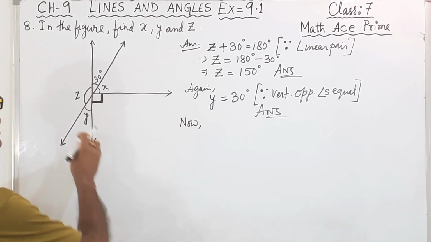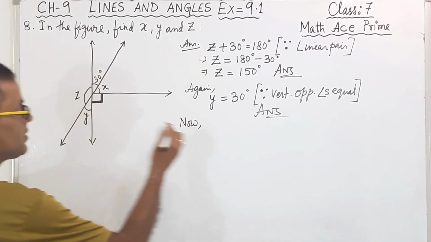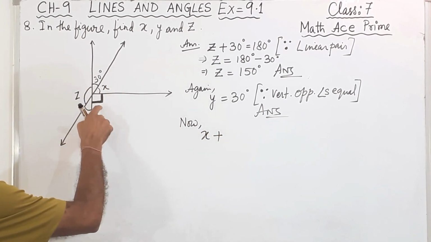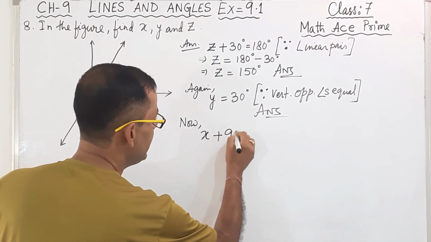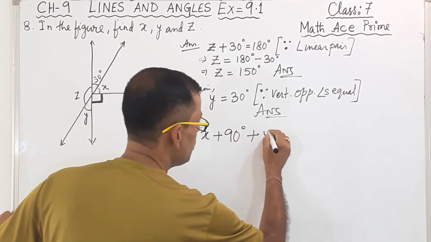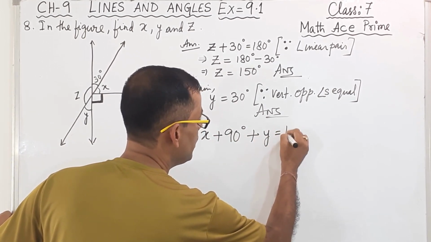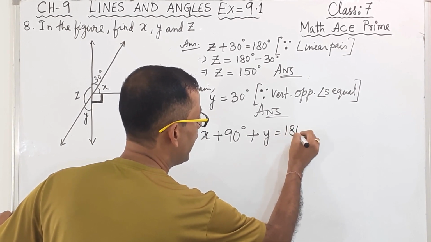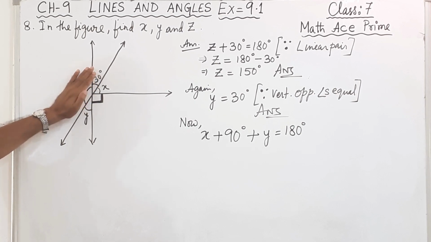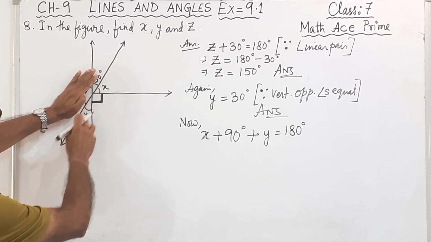Okay, now x plus, so this is how much degree? 90 degree. So 90 degree plus, and this one is y. So y equal to 180 degree. Can you see or no? So like this I can do x plus this one and this one.